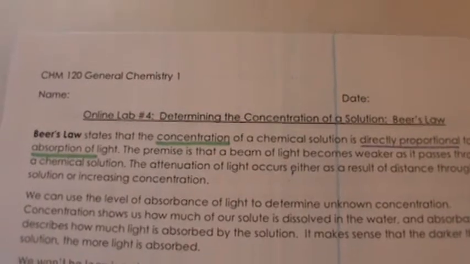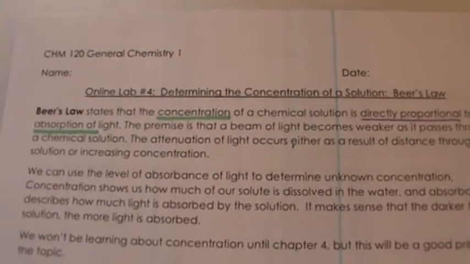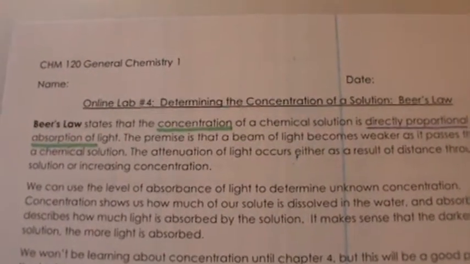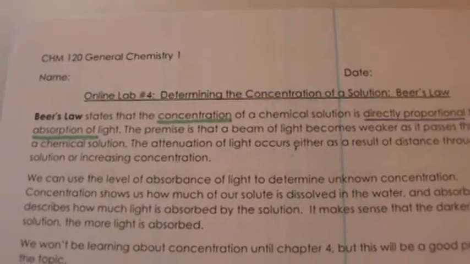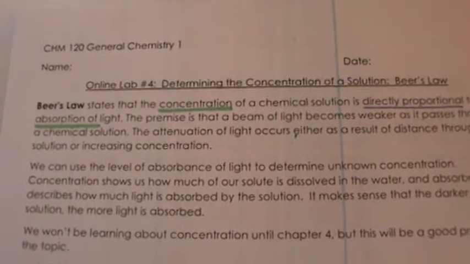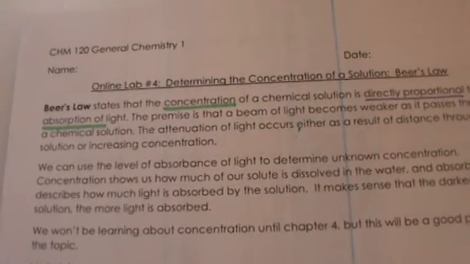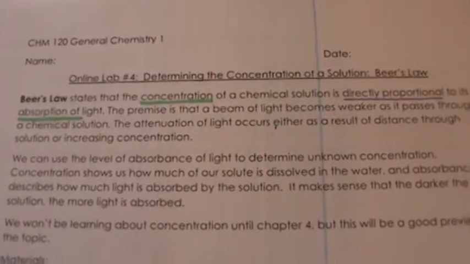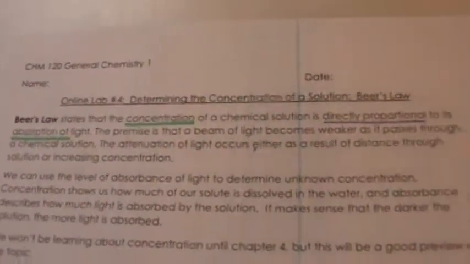So what that means is that if you take a solution with pigment, the more concentrated it is, the more light it will absorb. And you can use that to determine an unknown based on concentration.